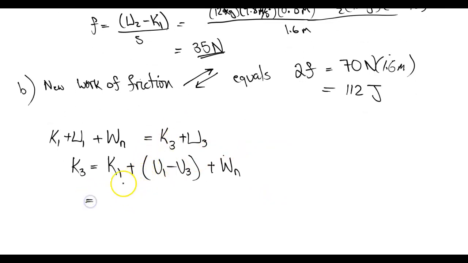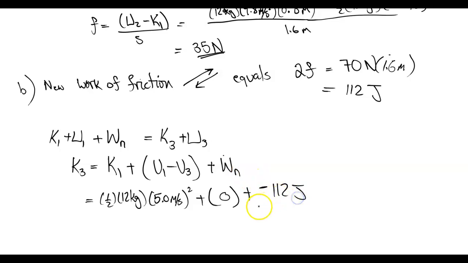And K1 is 1/2 times 12 kilograms, which is the mass, times 5 meters per second quantity squared, plus U1 minus U3 is 0 because they're exactly the same place, plus the work of friction, which has to be negative because it opposes the motion.